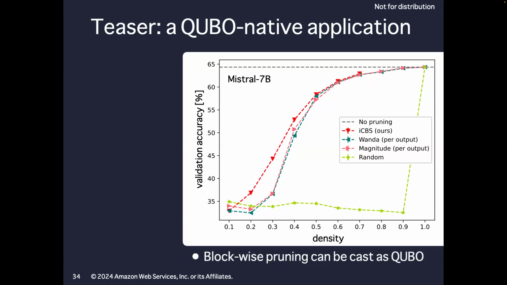And you see that methods like Wanda or magnitude, which is what is currently used, of course decay, but this ICBS, or iterative brain surgeon, that we developed decays a little bit slower, meaning that you get more expressivity compared to the other approaches. So the cool thing is, again, this is a QUBO.